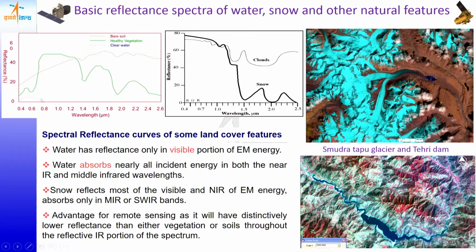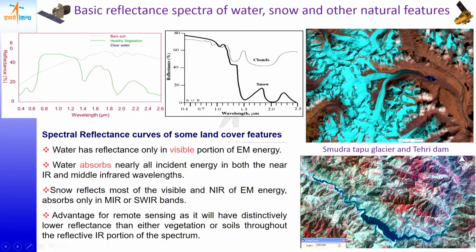Clear water will be absorbing most of the energy, whereas vegetation and bare soil have much higher reflectance. And the reverse will happen in the case of snow, because it is the frozen part. In the visible spectra, from green to NIR to the SWIR, it is highly reflecting, almost 80% or higher. And at 1.5, 2 and 2.5 micrometer only, it is absorbing the light.